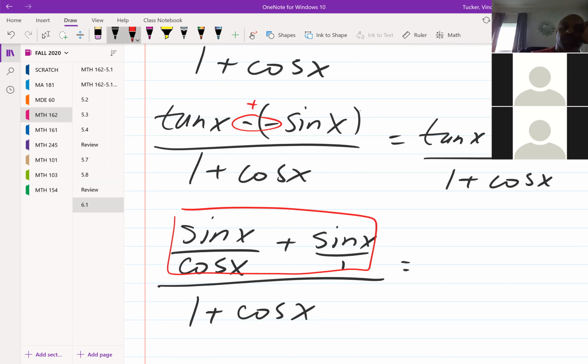Common denominator is cosine. So I need to multiply top and bottom by cosine. And I'll take it down bottom.